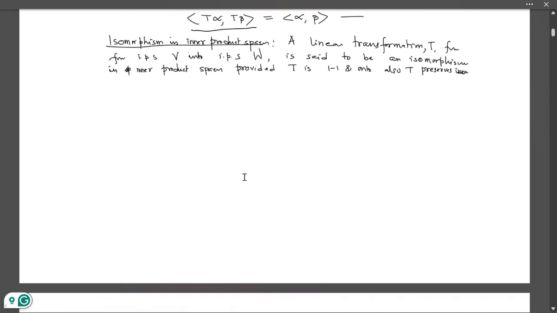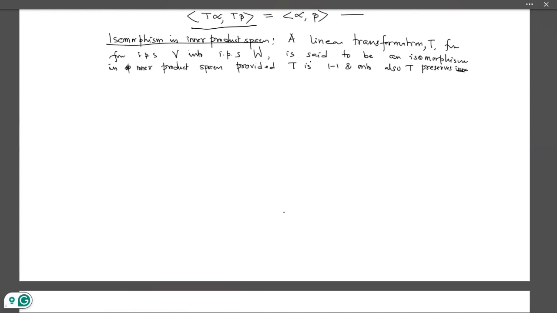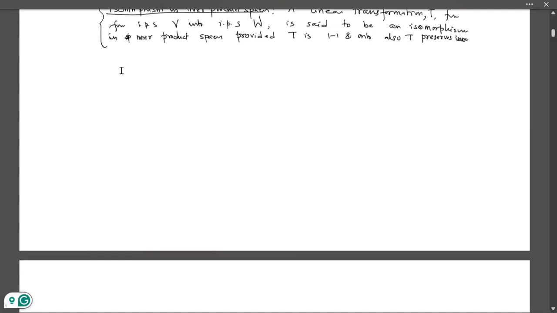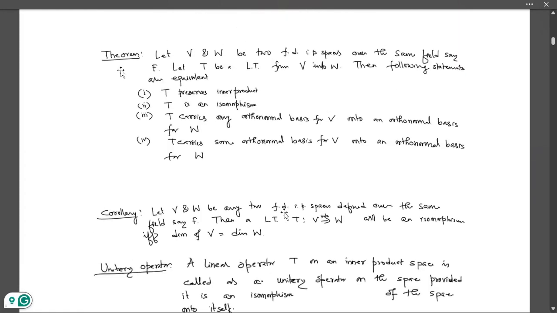It is a one-to-one, onto linear transformation that preserves the inner product structure. Let's see theorems regarding this.